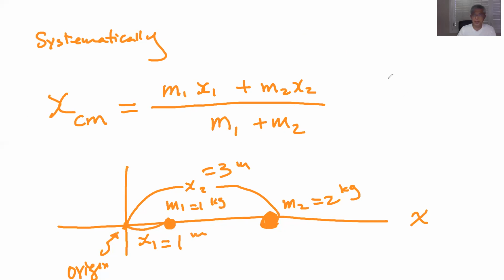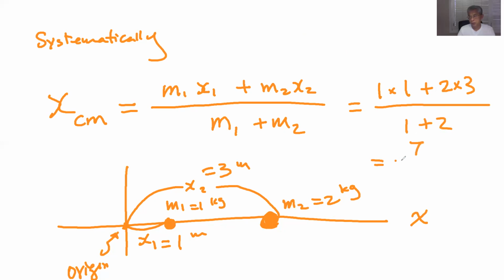And that's how we calculate xcm, which in this case will be equal to 1 times 1 plus 2 times x2, which is 3, and then divided by 1 plus 2. So that's equal to 7 divided by 3, and this is in meters.